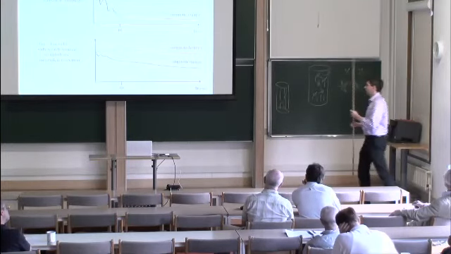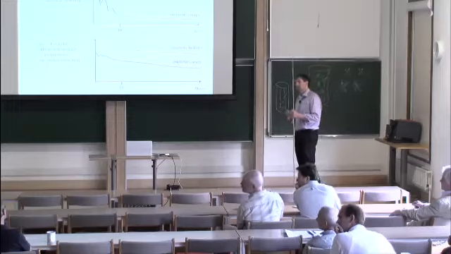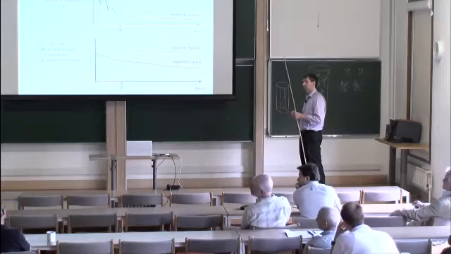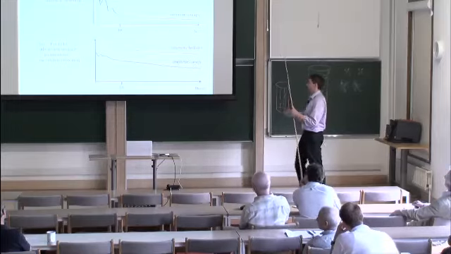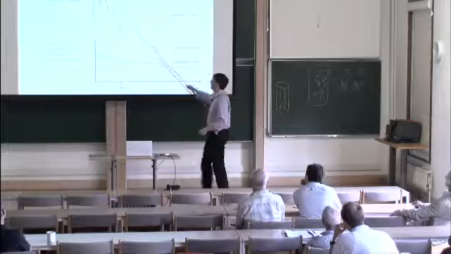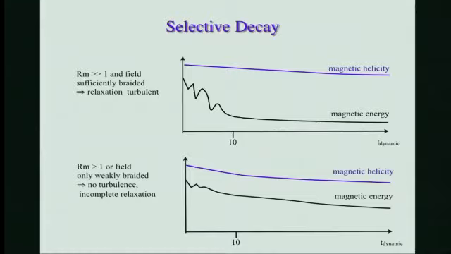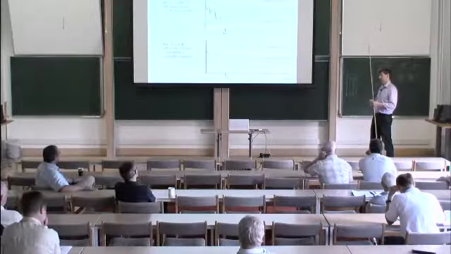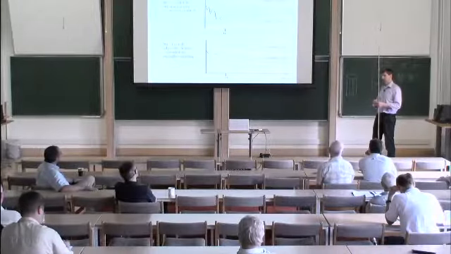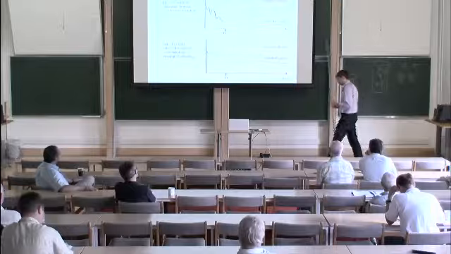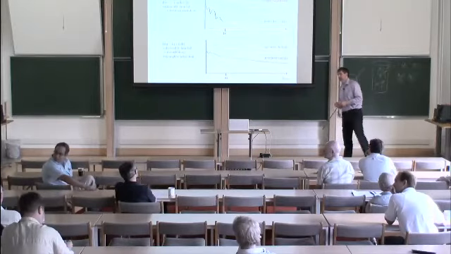Okay. And a simple question: are these pictures, is energy normalized to the initial energy in the braid the same in both cases? Yes, so I have no scale here. This is just a qualitative picture. If you braid more, you have more initial energy.